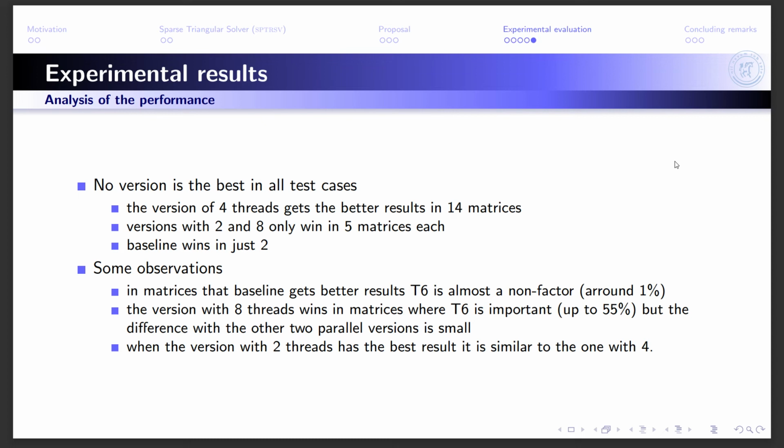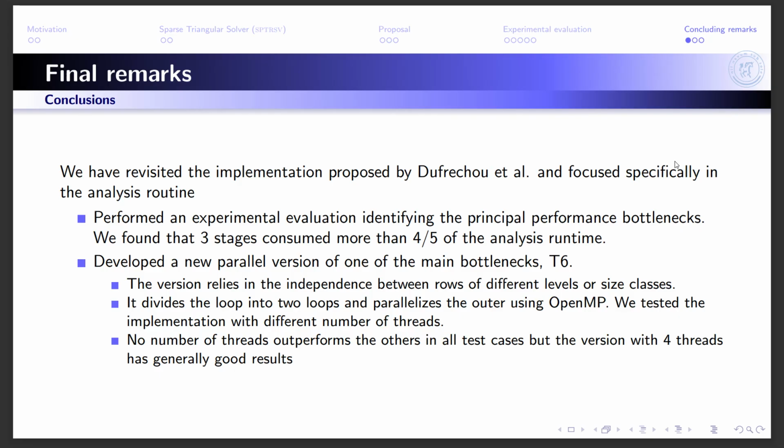When it wins, it is on bigger matrices, and T6 is important, but the difference with the others in absolute time is not much. And the version with 2 threads has better results in some matrices, but in them the results are similar to the version with 4.